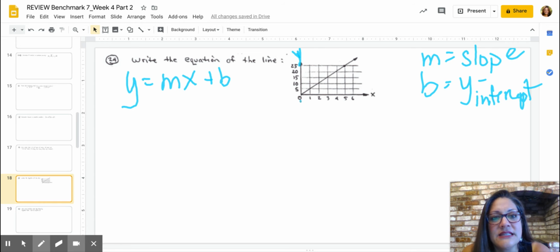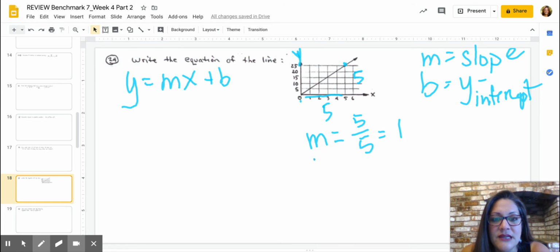I see that this point here has a rise of 1, 2, 3, 4, 5. And look at this, it has a run of 5. So I know that my slope equals 5 over 5, which is 1. And then, of course, my y-intercept is 0.